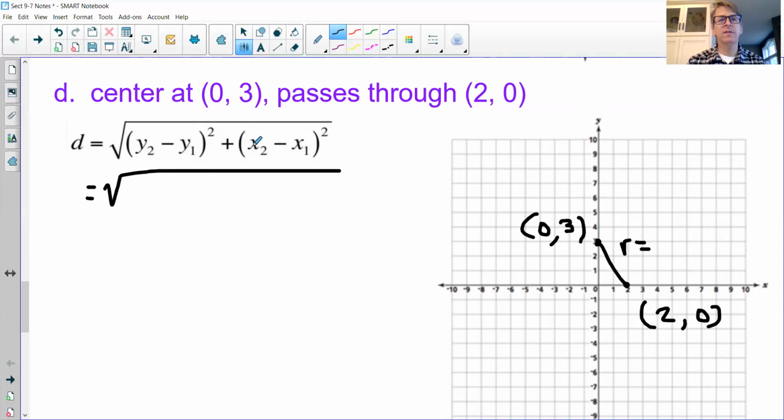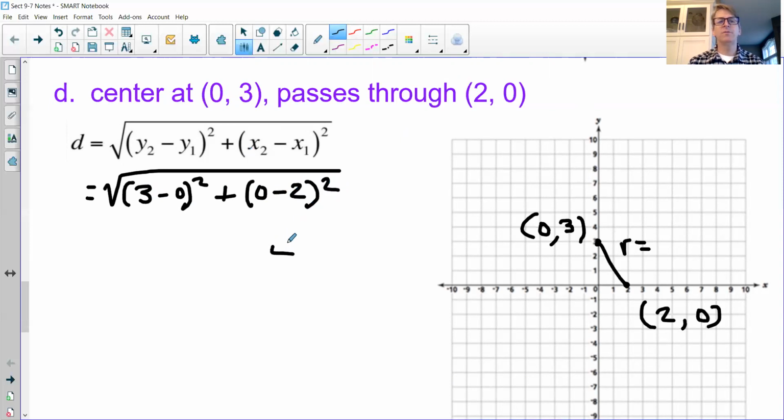I think they've got this kind of transposed, so I'll just do it this way. 3 minus 0 squared plus 0 minus 2, and that's squared.